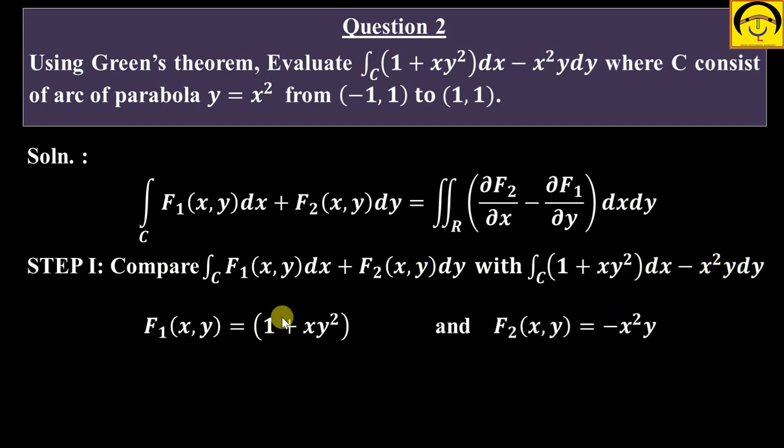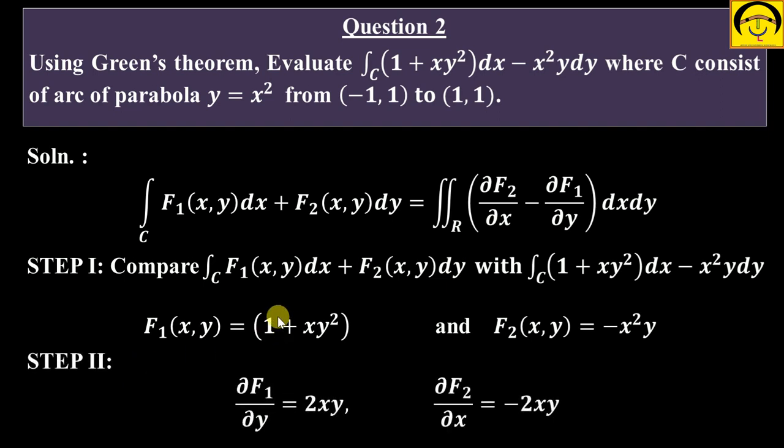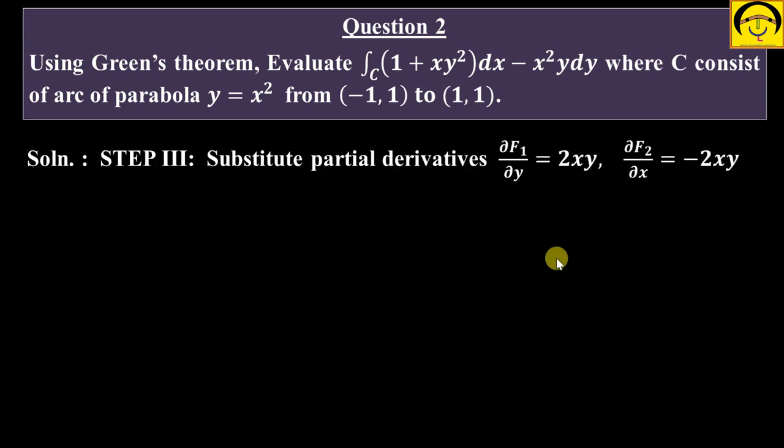The second step was to compute the partial derivatives, del f1 over del y and del f2 over del x. Del f1 over del y will be 2xy, since 1 is a constant, so it will be 0. Del f2 over del x is minus 2xy. The third step was to substitute the partial derivatives which we obtained in Green's theorem.